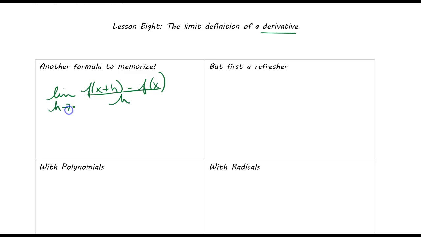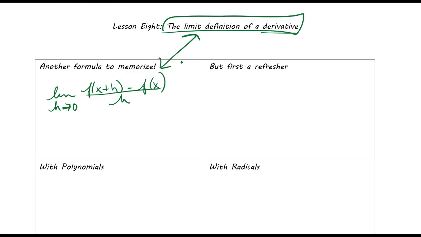That was supposed to be h approaches 0. I just got on autopilot and wrote it incorrectly. But anyways, this formula right here is the limit definition of a derivative. So those two go together, and you're going to be asked to use this in multiple ways, and we're going to practice the heck out of it.